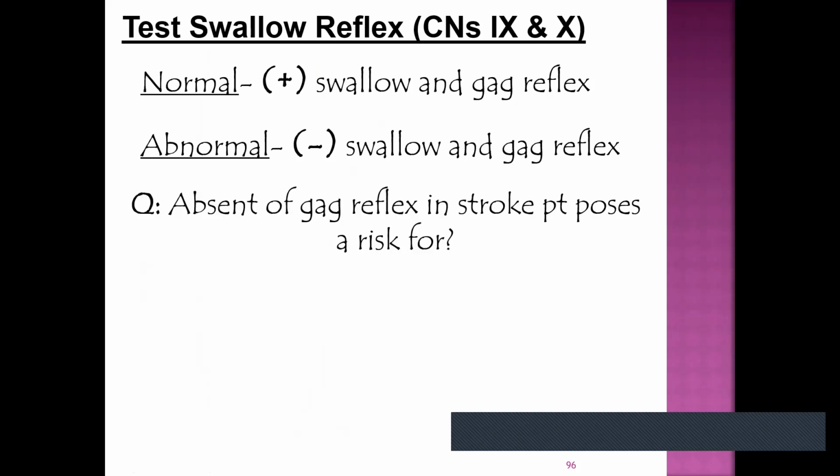Why is absence of the gag reflex in a stroke patient risky? If you cannot throw it out, then if there is an obstruction in your trachea, you cannot expel it, so it will block your airway. So be very careful when feeding stroke patients. They are at risk for what?